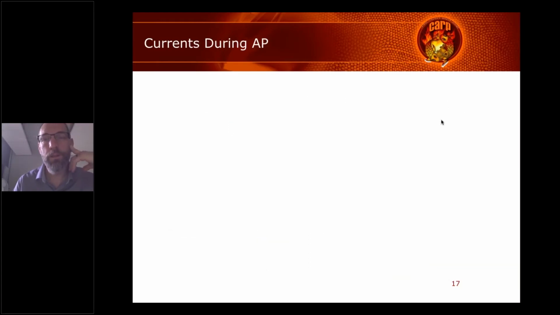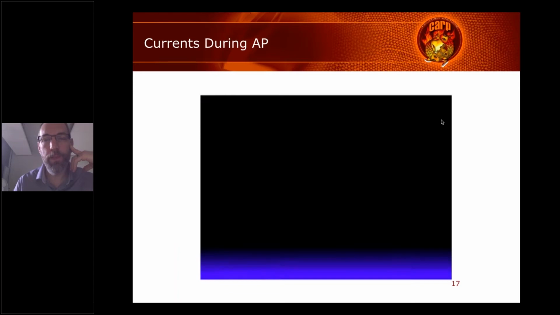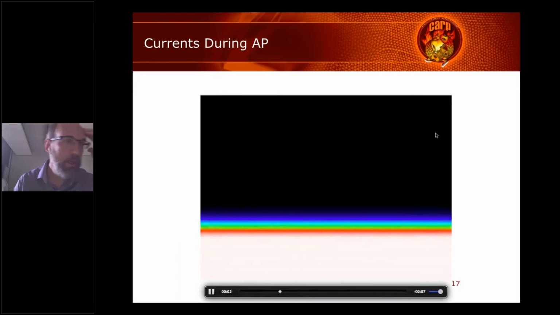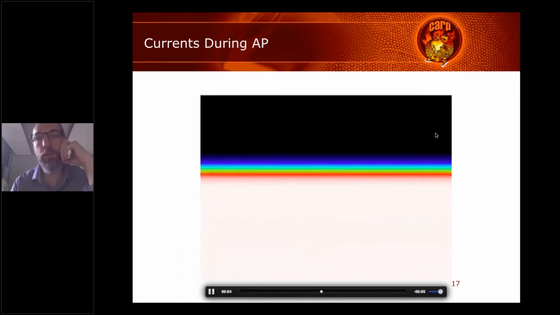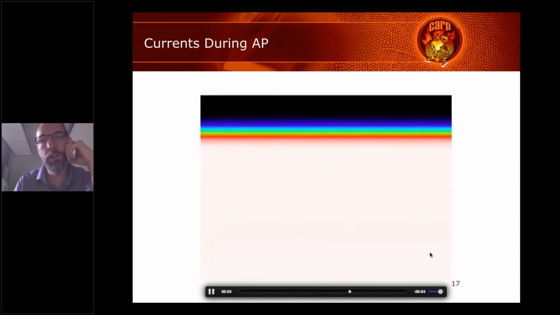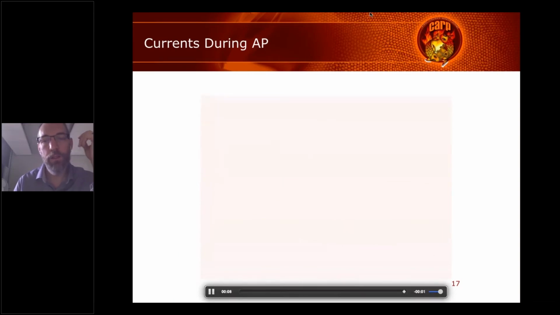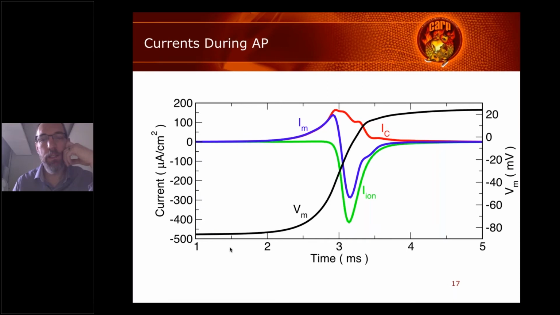So what does current look like flowing across the membrane? Well, if we just take a simple case where we have a plane wave traveling from the bottom of the sheet to the top of the sheet, the black trace is the VM at a point at the center of the sheet. As it passes, the transmembrane voltage goes from about minus 80 millivolts to plus 20.